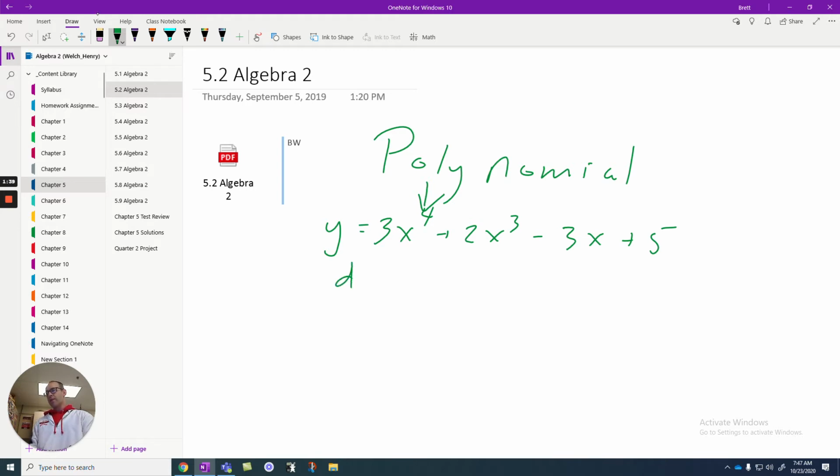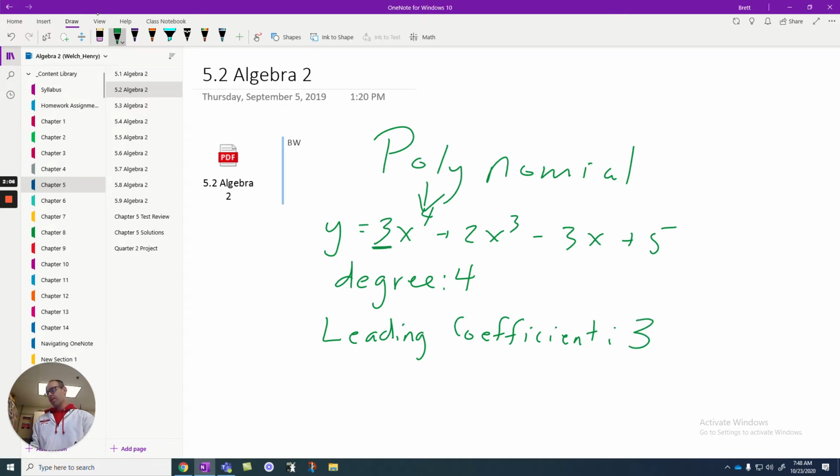Our degree for this polynomial would be 4, okay? And our leading coefficient would be the number that's the coefficient of that x term. And since we're talking about x to the fourth, we look at its number in front, and that gives us a leading coefficient of 3.